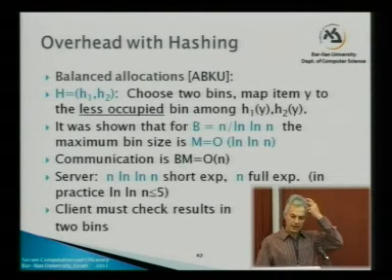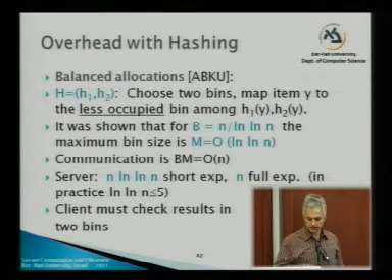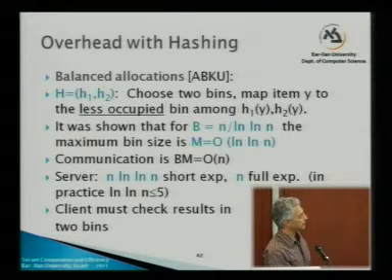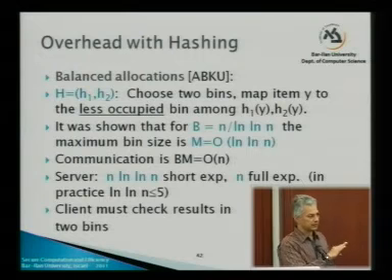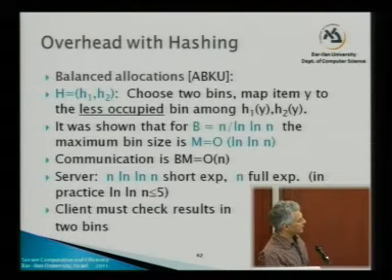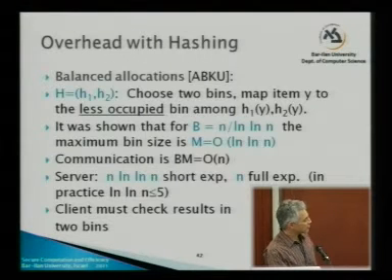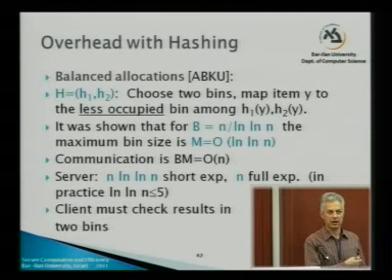And these authors showed that if we set the number of bins to be n over log n, then with high probability, and there's an analysis for this probability, the maximum size of a bin is order of log log n. So what's nice here is that we reduce the size of the bin from log n to log log n.